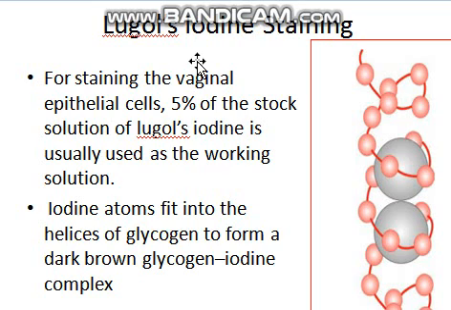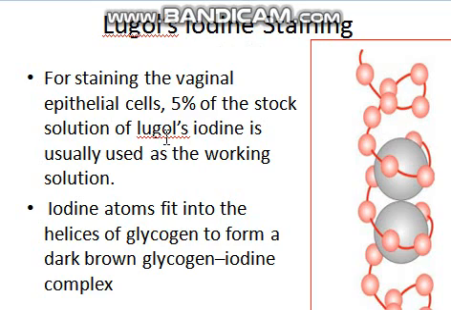Glycogen gets stained with Lugol's iodine reagent. Lugol's iodine reagent is an aqueous solution of 5% iodine mixed with 10% potassium iodide. Why are we adding potassium iodide? Because it allows the iodine to be soluble in water through the formation of the triiodide ion.